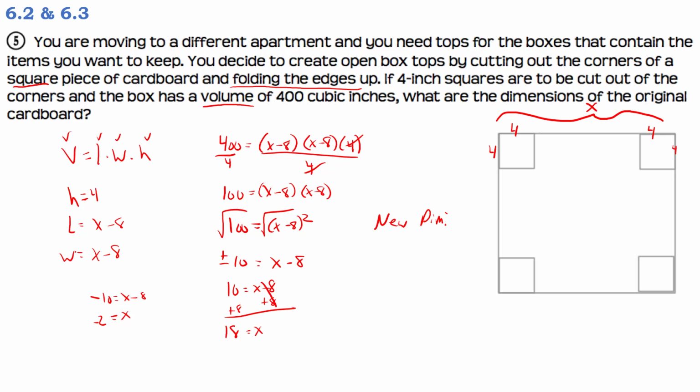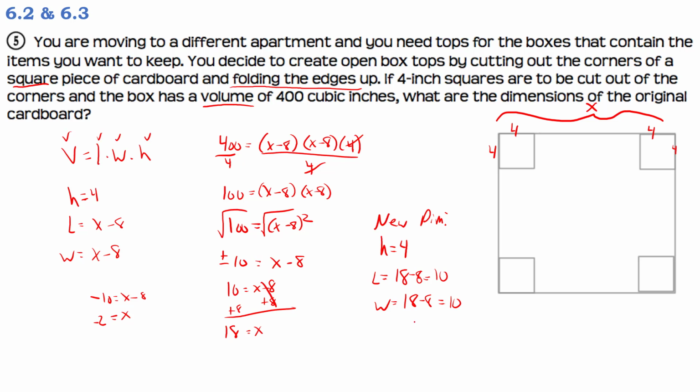But our length and our width are going to be x minus 8. Length is going to be 18 minus 8, which gives us 10. And width is going to be 18 minus 8, which gives us 10.